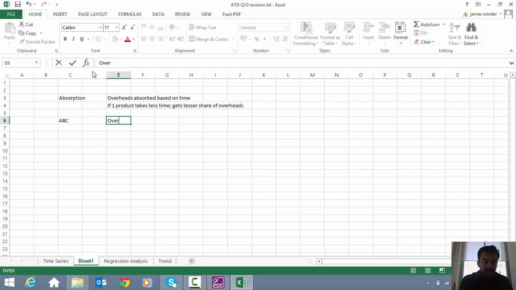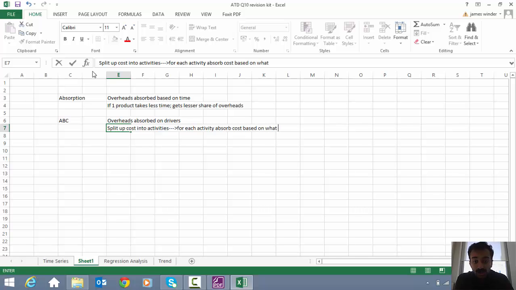On the other hand, how are overheads absorbed under activity-based costing? They are absorbed based on drivers. What you do is you split up your cost into activities, and for each activity you absorb costs based on what drives costs.